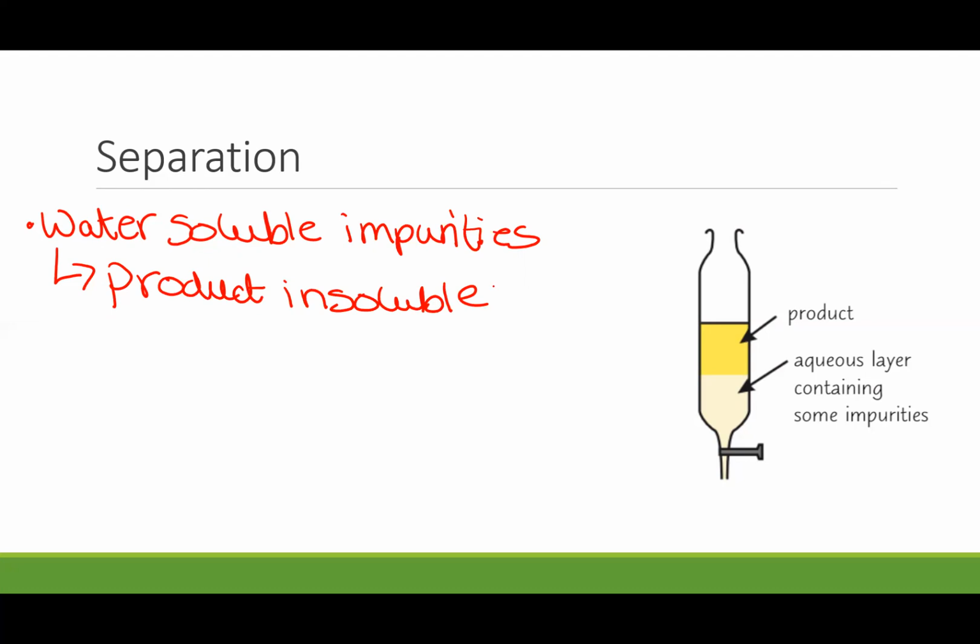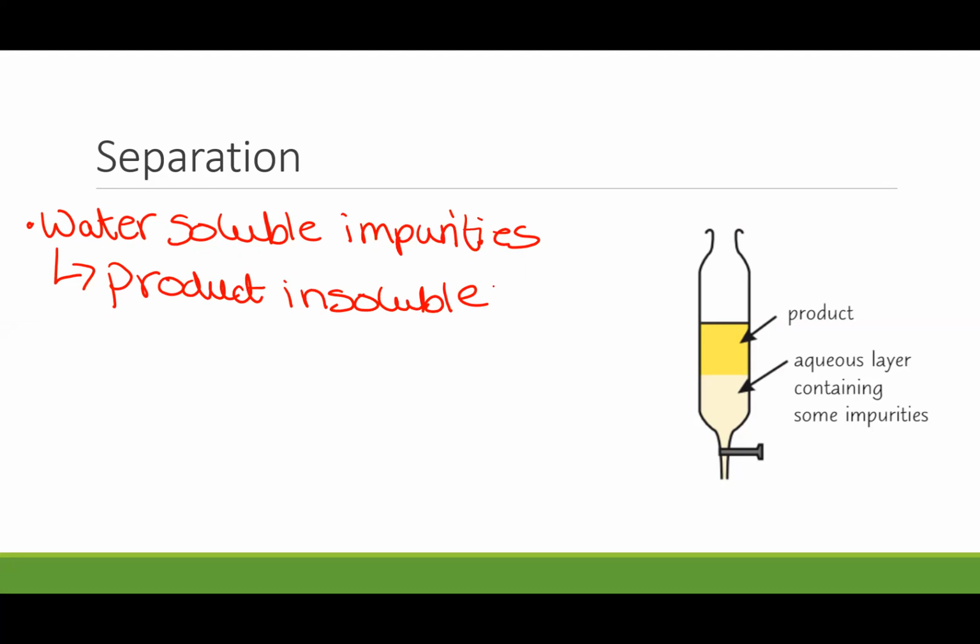So what we do is, once the reaction to form that product is complete, we've got the product, it's completed. We then pour the mixture into a separating funnel, which is what you can see here on the screen. And then into this separating funnel, we add water.